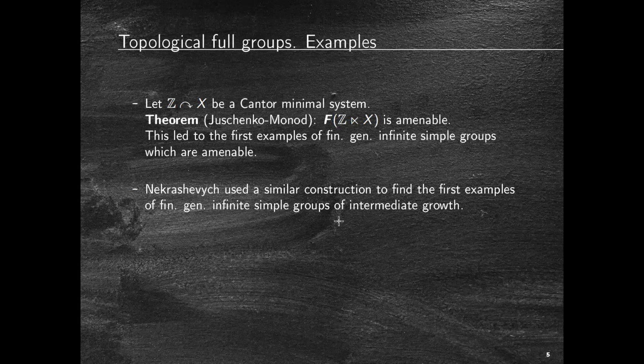Growth is a geometric property of groups: you look at Cayley graphs and at how the size of balls grows. The most common types of growth are polynomial growth or exponential growth, and intermediate growth is something strictly in between. Again, it was an open question whether you can find infinite simple groups with this type of growth, and Nekrashevych was able to solve that using topological full groups.